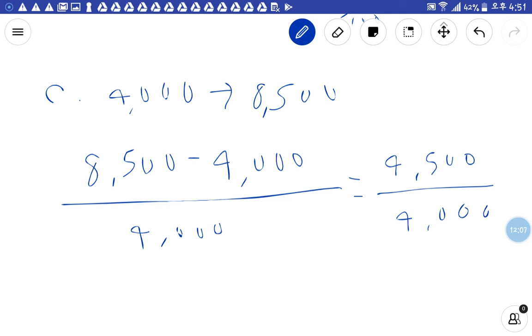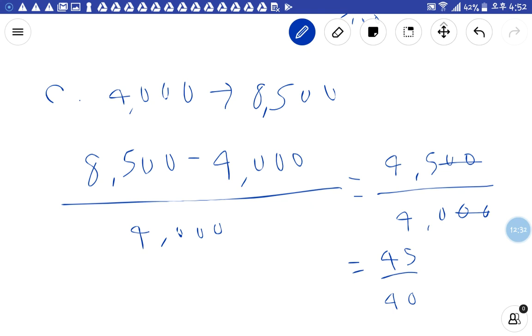Okay, so let's change this one. Actually, if you drop the 2 zeros by dividing by 100 for both of them, they would be 45 out of 40. I'm just trying to make it into 100, so that will be easier. But I can't make 100 from 40. So if I reduce it, that will be 9/8.